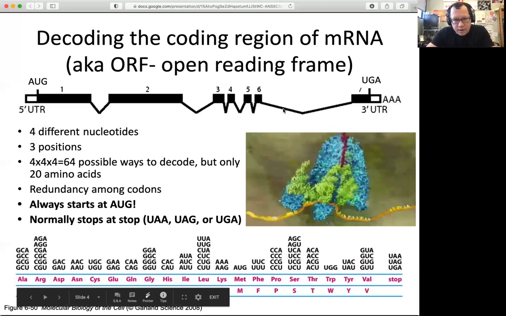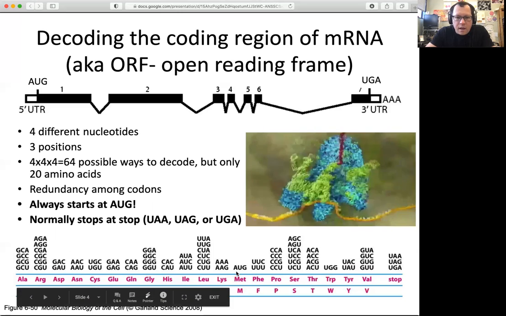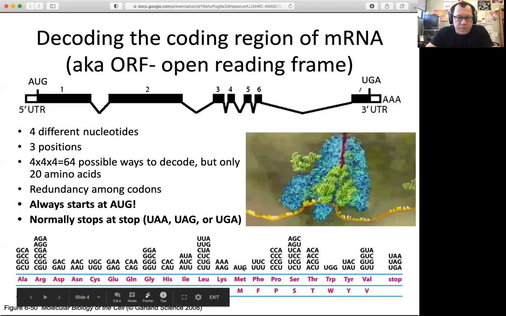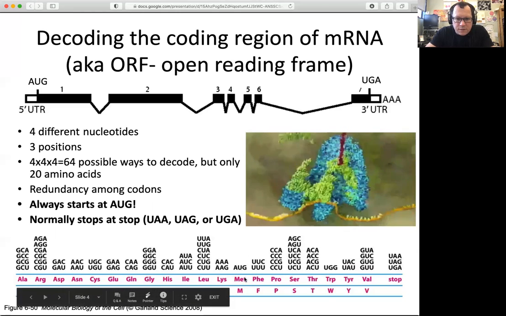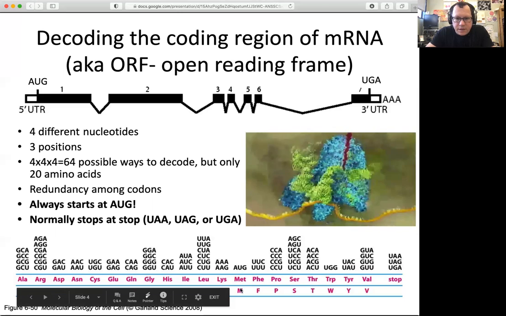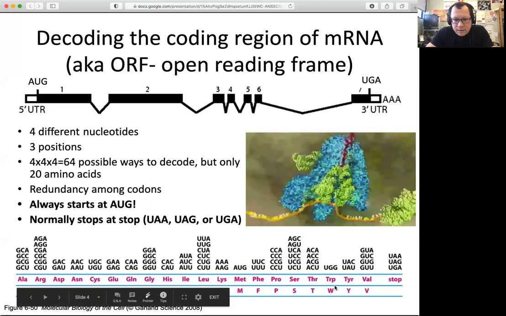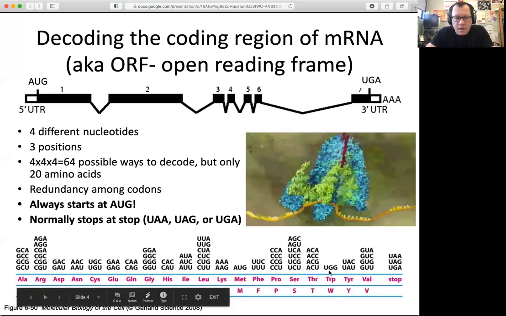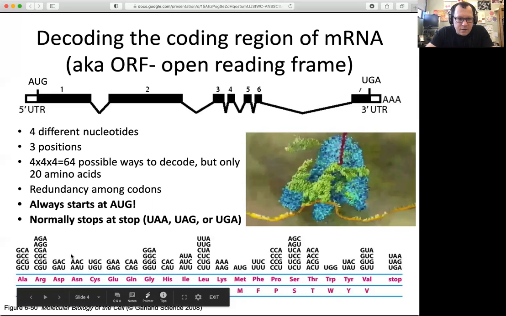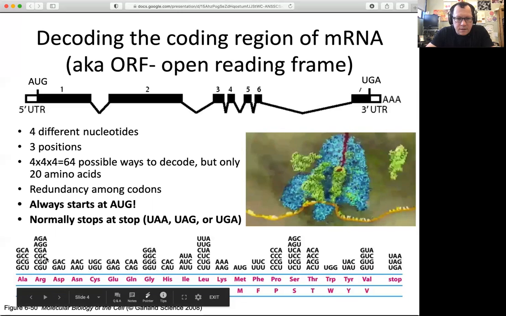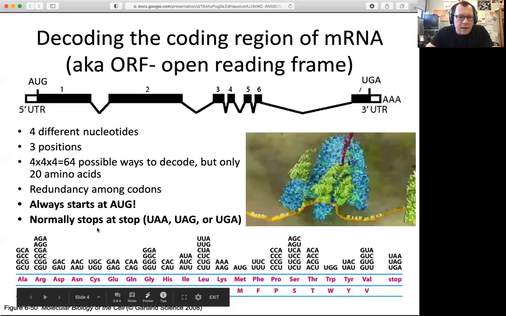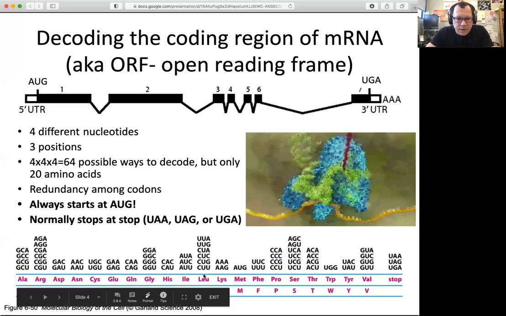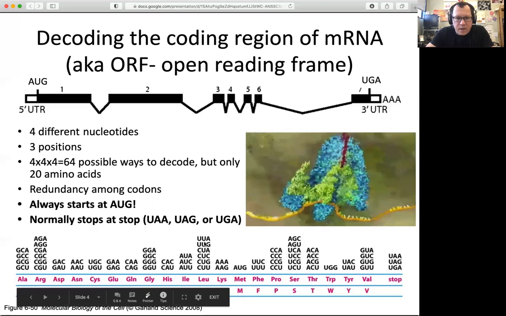AUG can also occur inside the messenger RNA. So that one encodes methionine, but there's only one possibility for encoding methionine, just like there's only one possibility for encoding tryptophan, UGG. But you can see that across all of these amino acids that there is some redundancy. And so multiple different codons can encode the same amino acid, right?